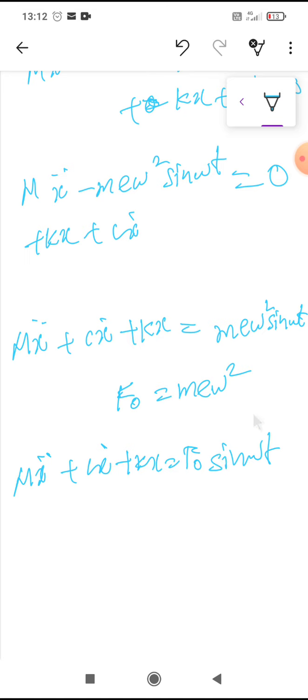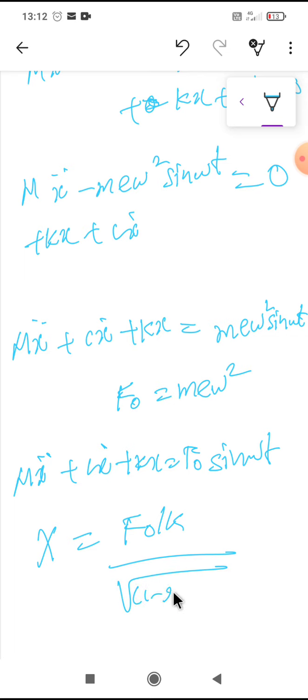This equation is almost similar to the equation of forced vibration, and so we can write the answer directly. What is the answer? The amplitude x is f0 by k upon under root of (1 minus r square) whole square plus (2 zeta r) whole square. This is the direct answer here.